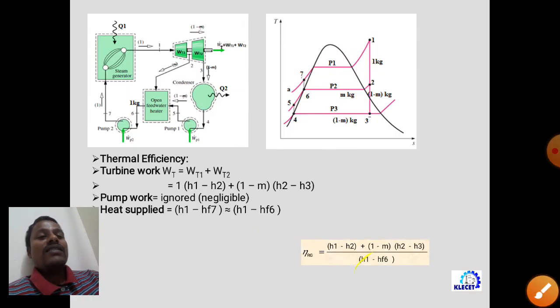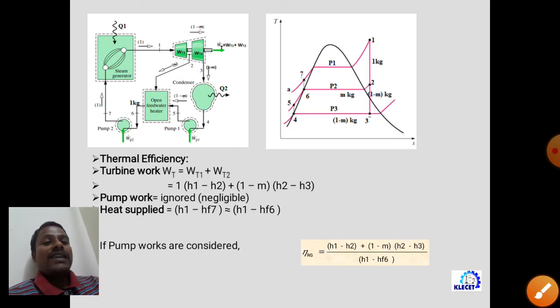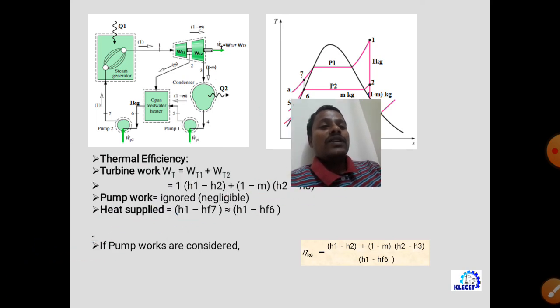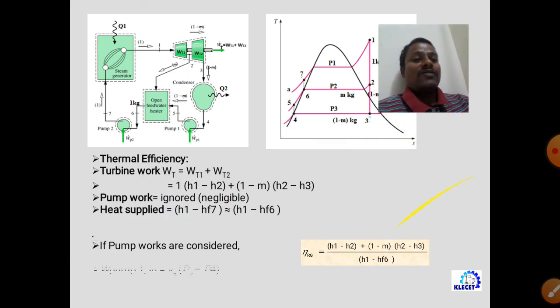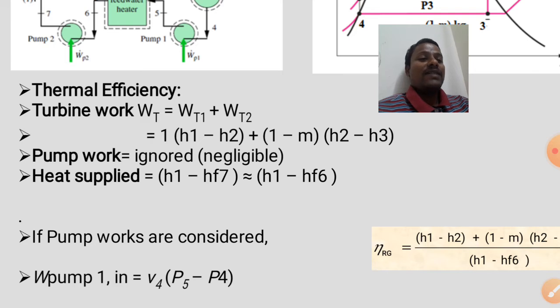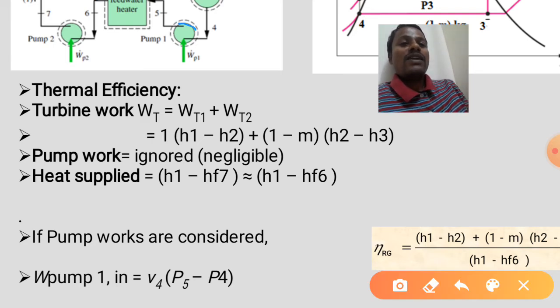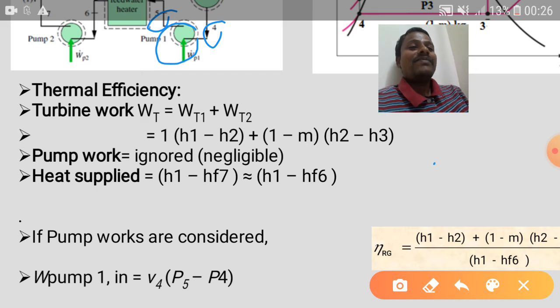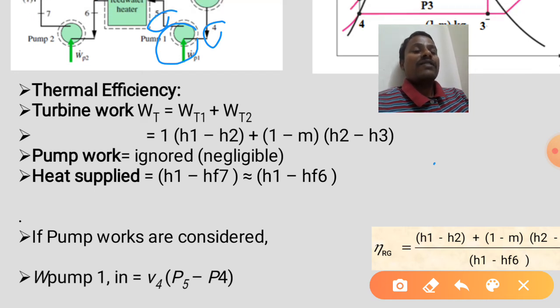Now, if pump works are considered, the pump work for pump 1 is given by V4 into P5 minus P4. Pump 1 is working between 4 and 5 in the schematic diagram.